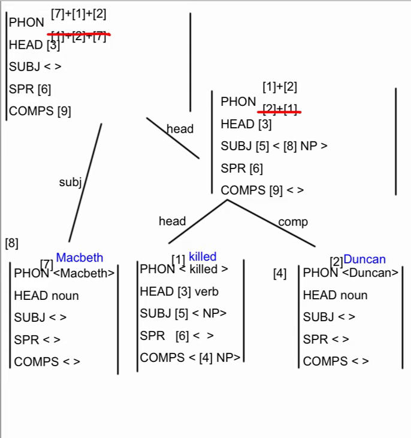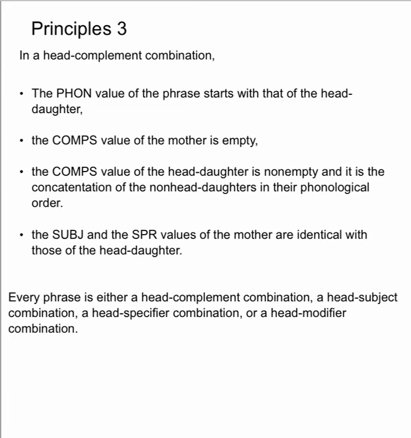In our very simple grammar, we assume that there's a very small set of syntactic combinations, and every phrase must be one of those. Every phrase is either a head complement combination, a head subject combination, a head specifier combination, or a head modifier combination. In the Semantics 1 course, we'll only look at head complement combinations and head subject combinations. And those are the ones we've just looked at with these two examples.